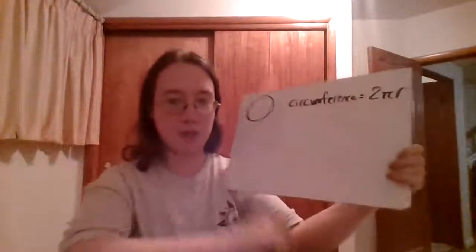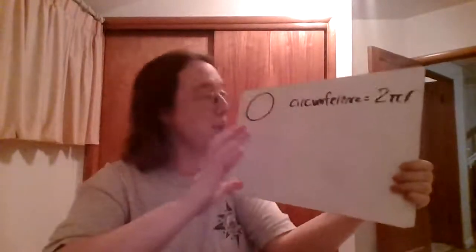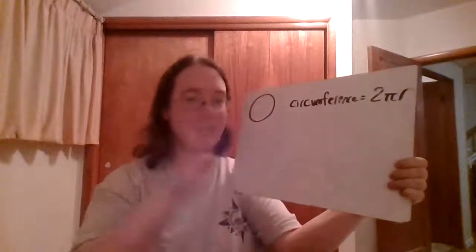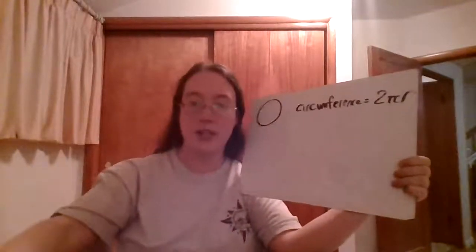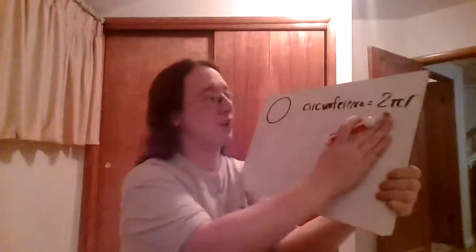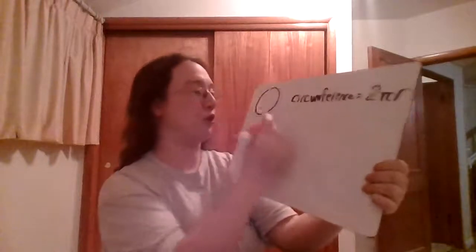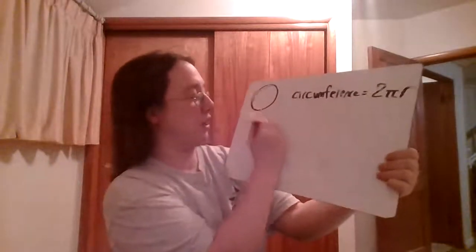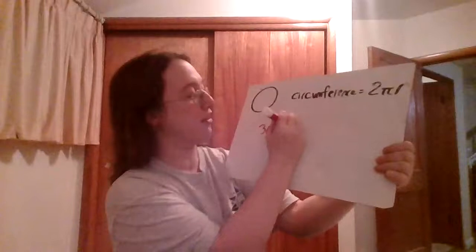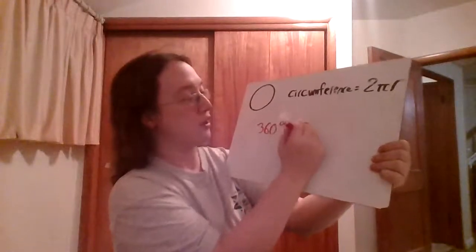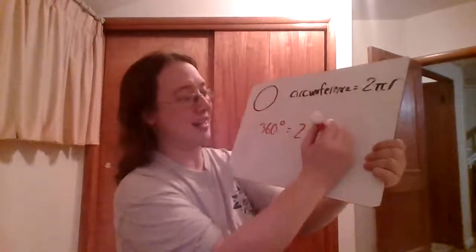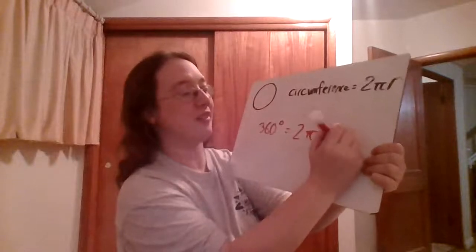So pretty much everything we've been doing with angles so far has been in degrees. Radians are just another way of measuring them. And the radian part is coming from the idea that the circumference of a circle is 2 times pi times your radius, which is why a whole circle, which we're used to thinking of as 360 degrees, is also 2 pi radians.